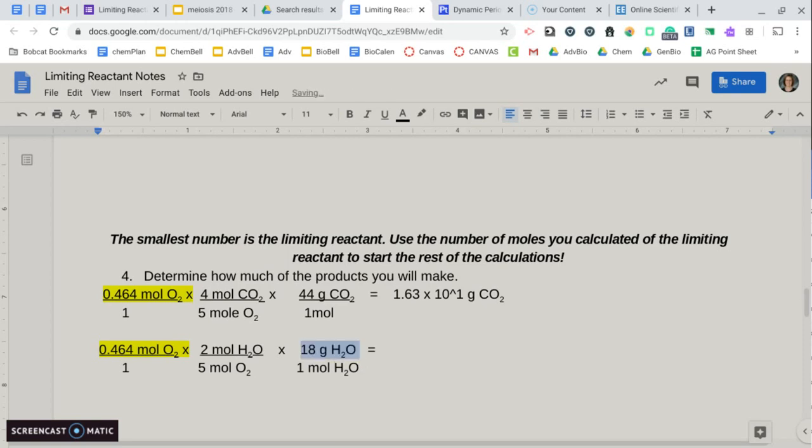The number of steps you have here just depends on how many different products you have. Since I have 2 products, I have to find both of them. With this one, I get 3.34 times 10 to the 0.